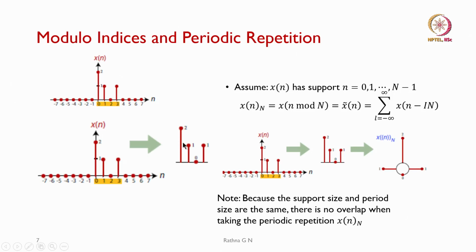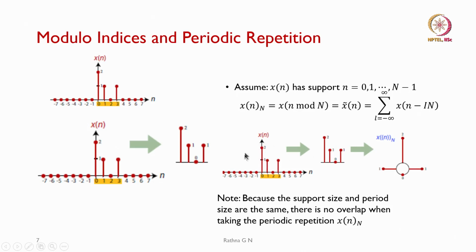The values are 2, 1, 0, 1, and x of n has support for n equal to 0 to N minus 1. Then x tilde of n is x of n modulo N, which is given by the equation, sum over i from minus infinity to infinity of x of n minus iN. So, how is this going to be represented?